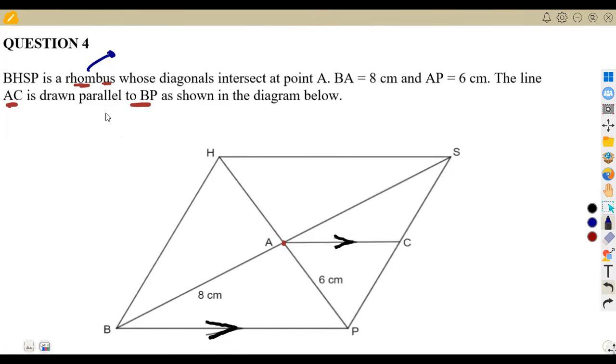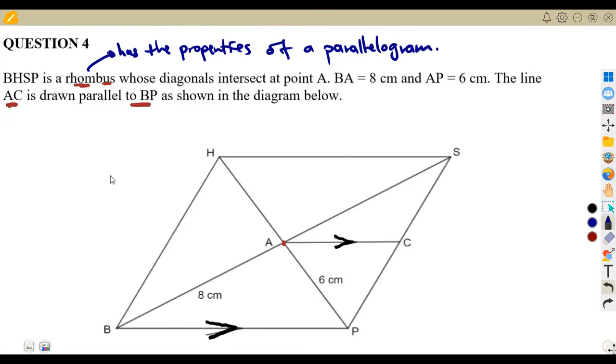So the first thing that we know is that it has the properties of a parallelogram.